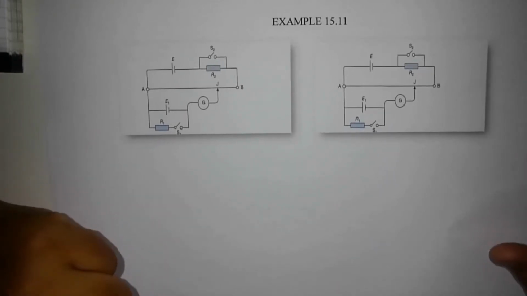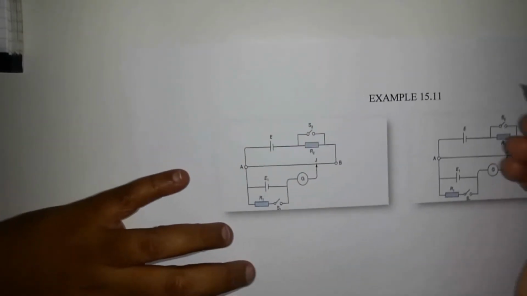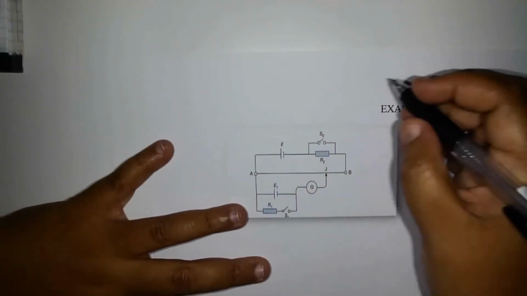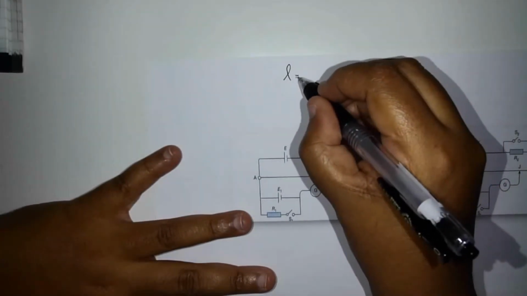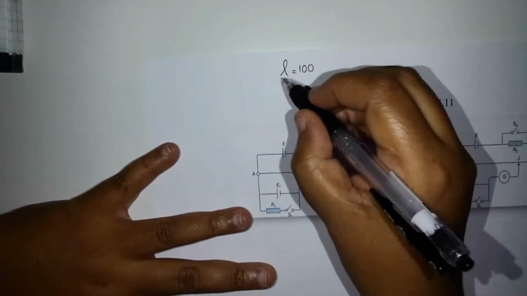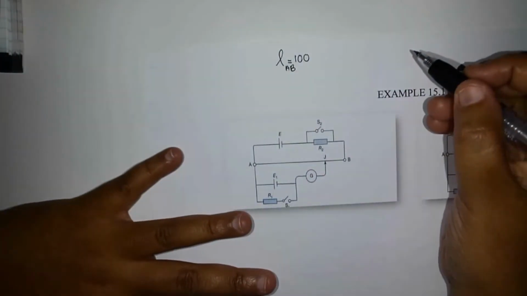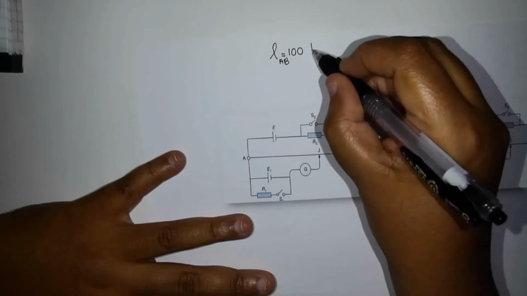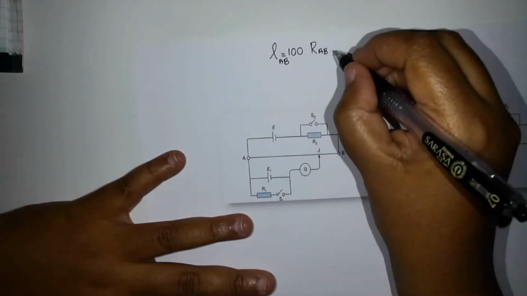In the circuit diagram shown, the length of the slide wire is 100 cm. So I'm going to write the information here. The length of the slide wire is 100 cm, which is the length from A to B, and its resistance is 10 ohm.